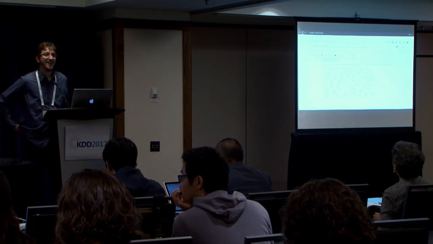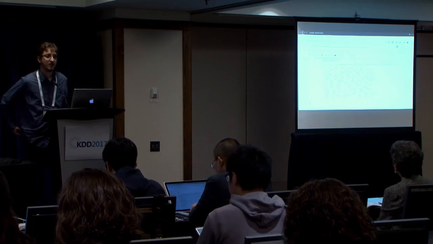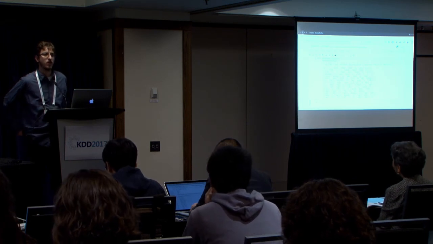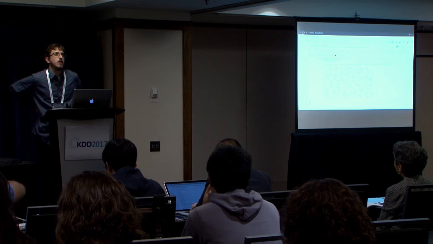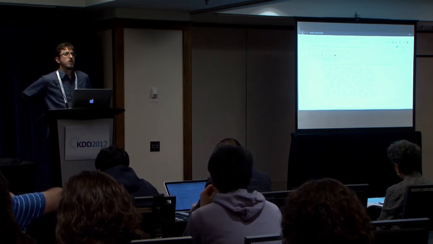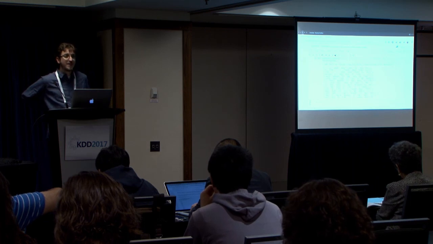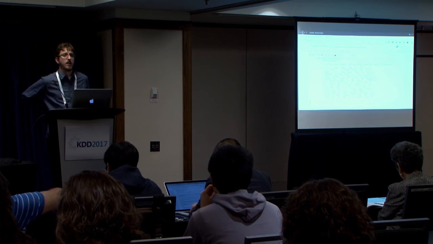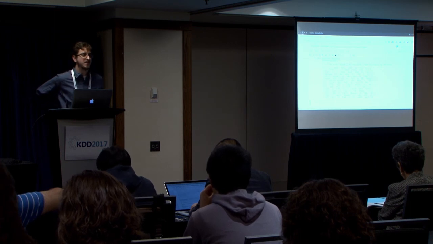Your token object, is there a way to see how many filters have been applied to an individual token? Not at the moment. The token object is actually just a string, so it doesn't keep track of its provenance, I guess is maybe the right word.